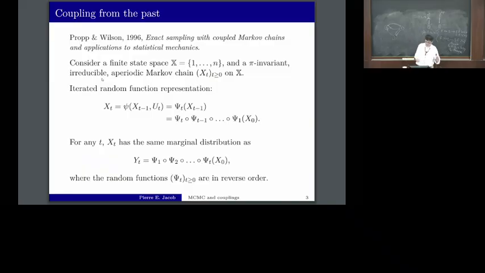Let me give you another example that may be helpful in continuous spaces. You're familiar maybe with the autoregressive process of order 1, where X_t is, let me keep using X_t for the forward process, rho X_{t-1} plus some Gaussian noise.